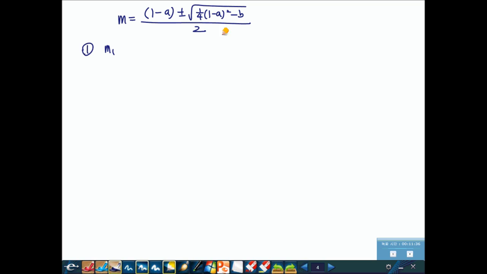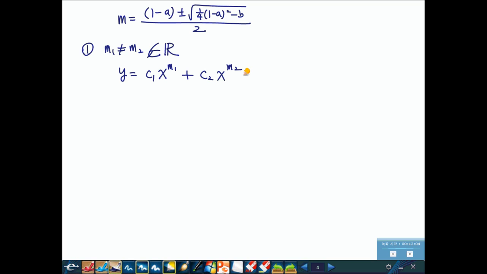Case one, the inside of the square root is greater than 0. Then we have two different real roots, m1 and m2. Then our y is c1 x to the m1 plus c2 x to the m2, which is quite a reasonable case, right?